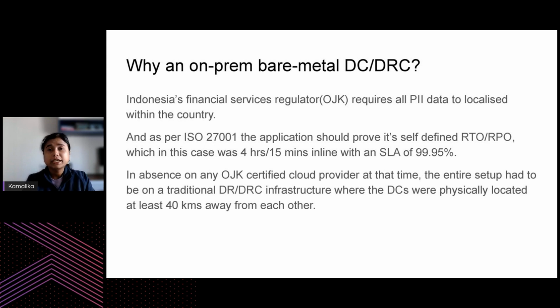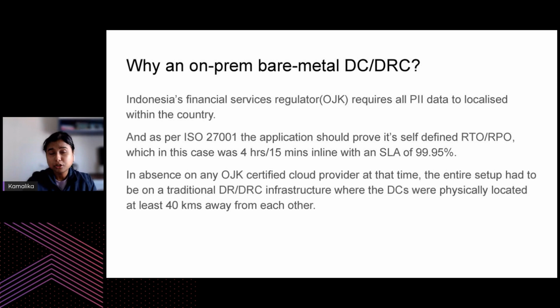Though they have multiple regions or availability zones, the data centers and the disaster recovery conditions do not meet their physical co-location needs. So in order to meet the regulators' and the ISO's guidelines, we had to go with the traditional on-premise data centers, and that is why we had to devise a solution.